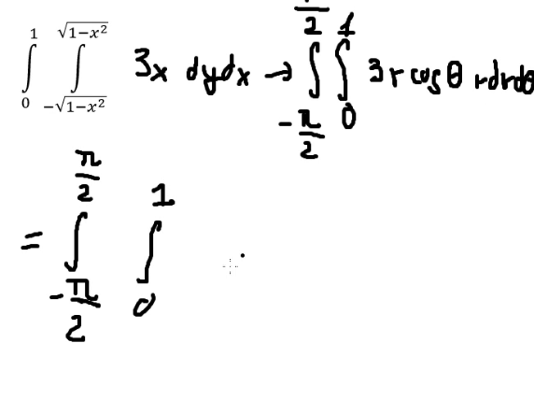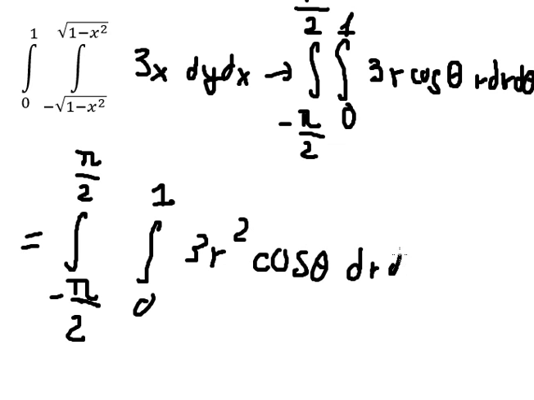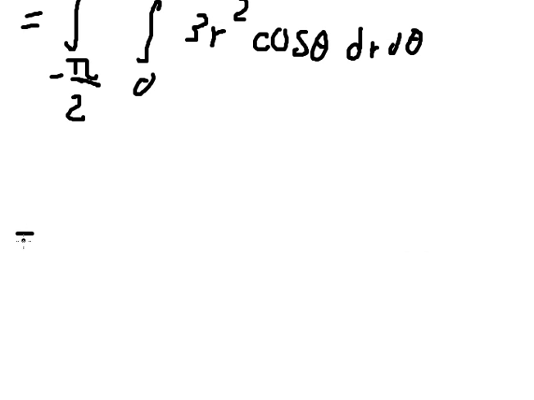So r and r, we have r squared. The integration of 3r squared in here, with the r, we have r to the power of 3.